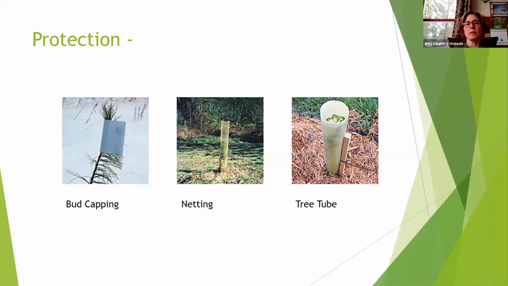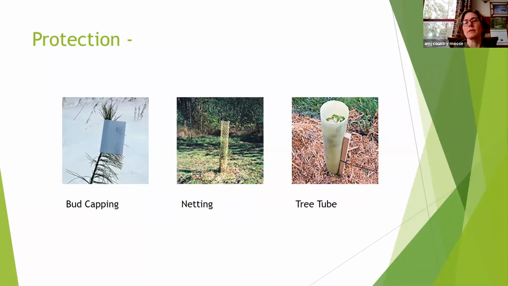It is available in different diameters, so you possibly could get it big enough for our conifers, but you would place it over the seedling and thread a stake through it or maybe zip tie a post to it, and then that would protect that seedling. And then as the seedling grows, you have the opportunity to move that rigid tube up to continue to protect the seedling until it hits an appropriate height, which is usually around 6 feet. Then the deer can't reach them.